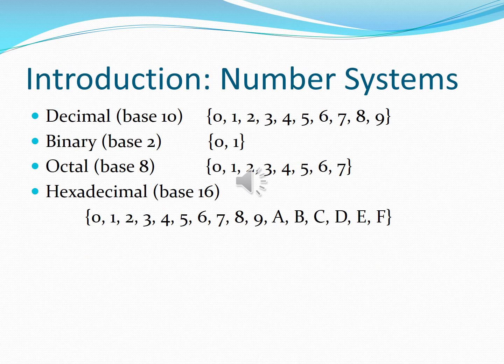Introduction to number systems. We have decimal of base 10, we have binary of base 2, we have octal of base 8, we have hexadecimal of base 16. So we've been using this numbering system without knowing it in our daily life.